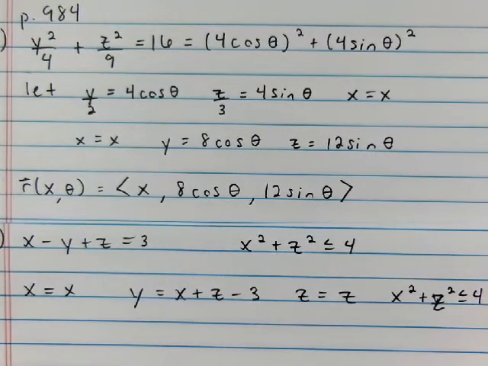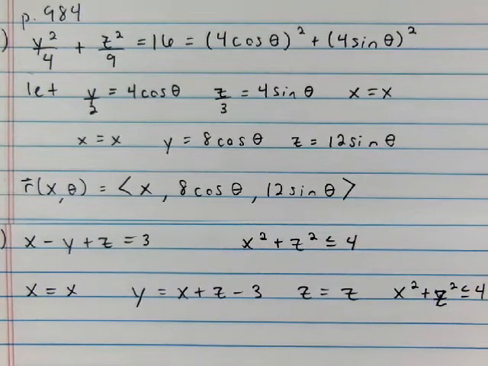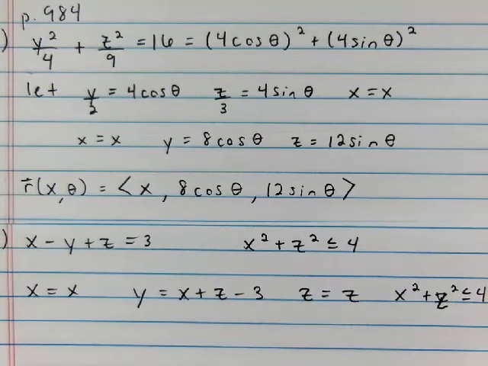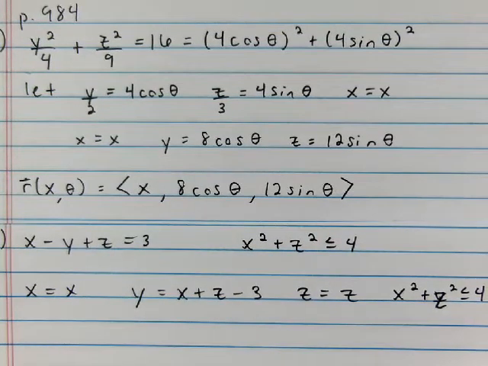Now, this is a parameterization and we have our parameters, but we would like to know some numerical values that x varies between and some numerical values that z varies between, versus having x squared plus z squared less than or equal to 4. Now, this is in the plane y equals 0, in the xz plane. This would just be a circle.